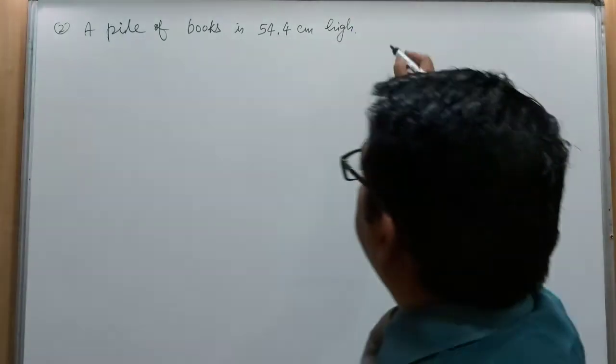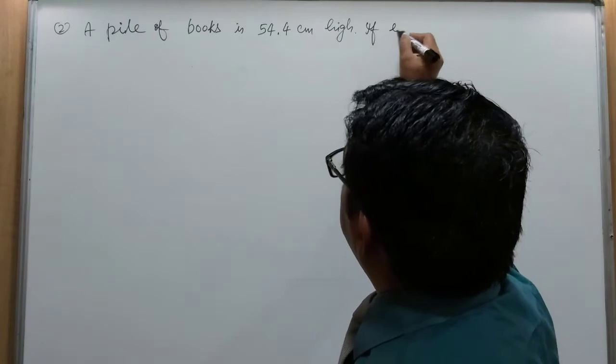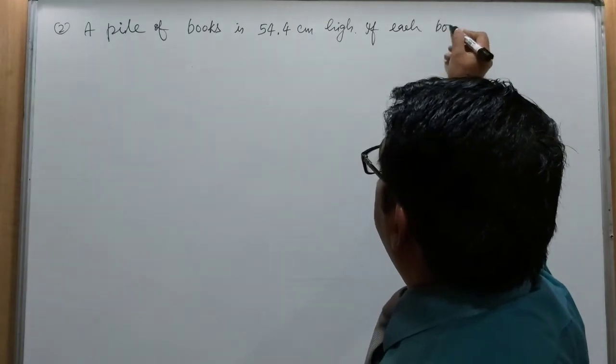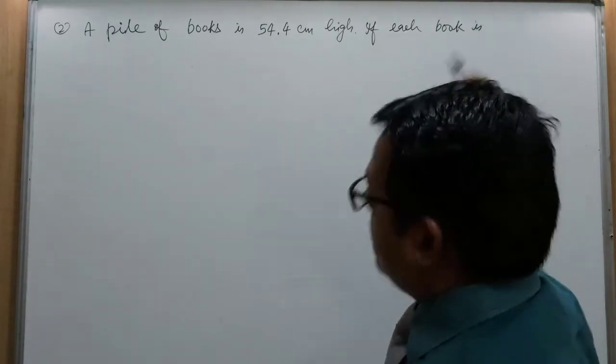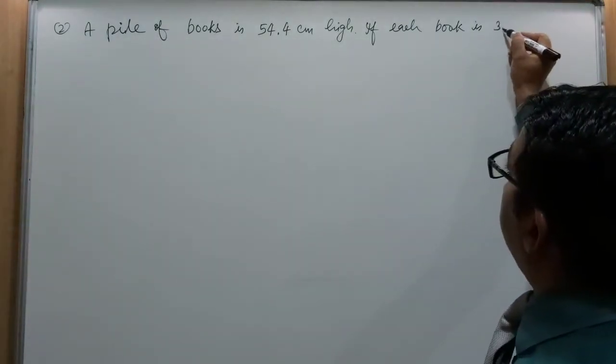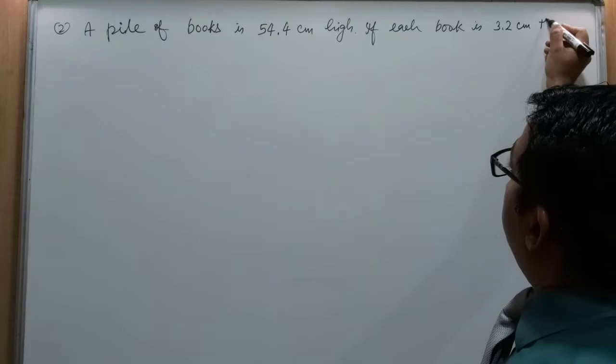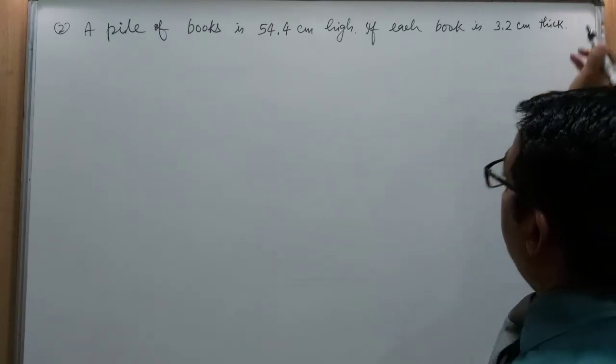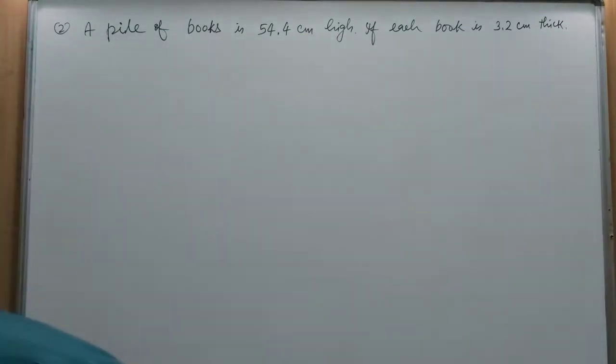If each book is 3.2 centimeter thick, how many books are there in the pile?